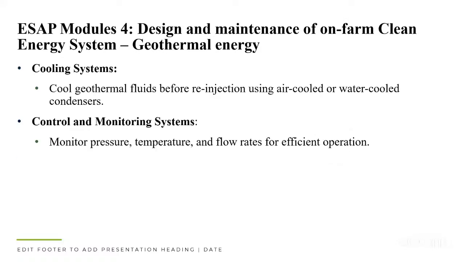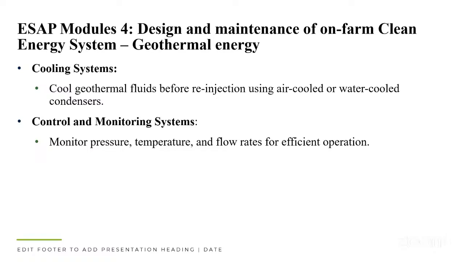Then you have a cooling system, because once you have extracted the heat, the fluid, when it loses its temperature, goes into a liquid form, and that liquid needs to be transferred back or re-injected into the ground.